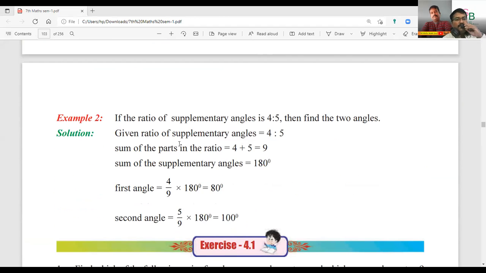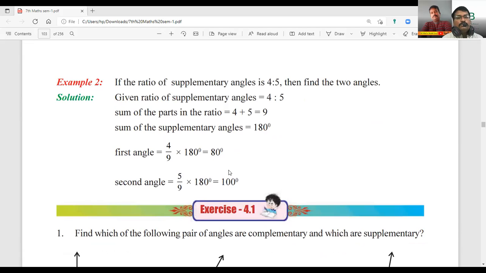Example 2. If the ratio of supplementary angles is 4:5, then find the two angles. So the given ratio is 4:5. Ratio means A is to B, we can write it as 4/5.